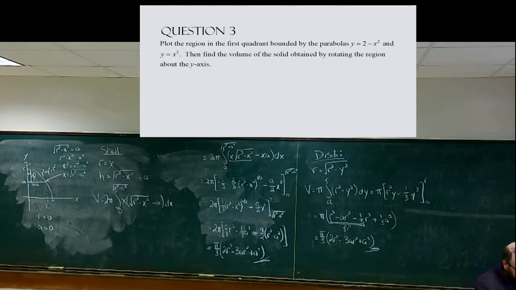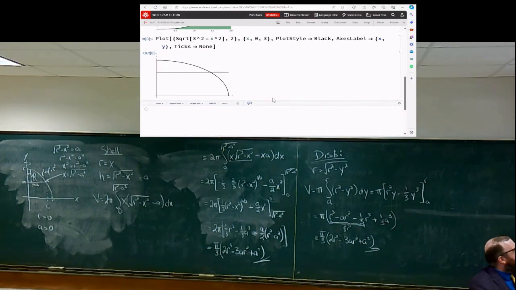So plot the region in the first quadrant bounded by the two parabolas, 2 minus x squared and x squared. Let's start with that. First, I'm going to start with just plotting the parabolas. First one was 2 minus x squared.